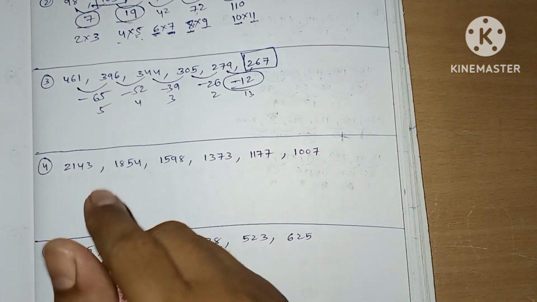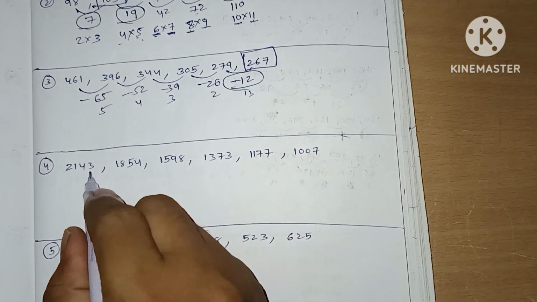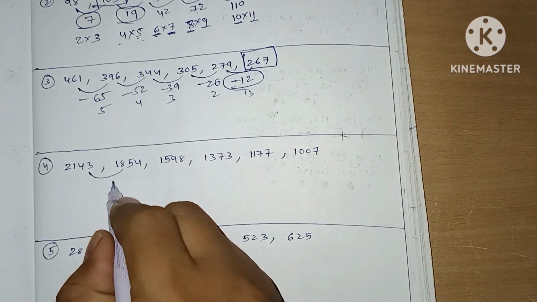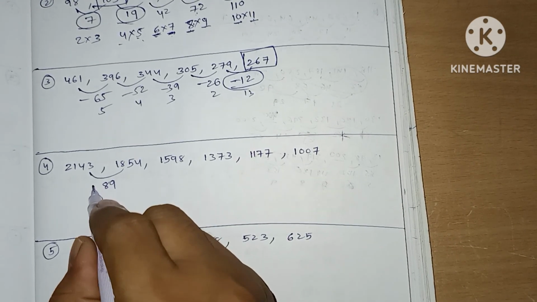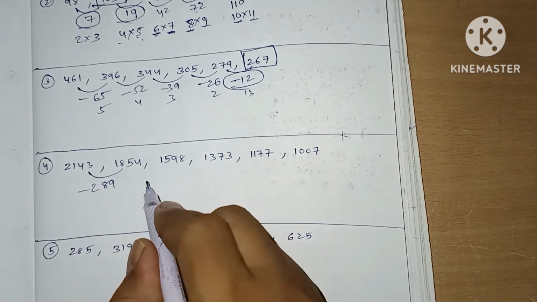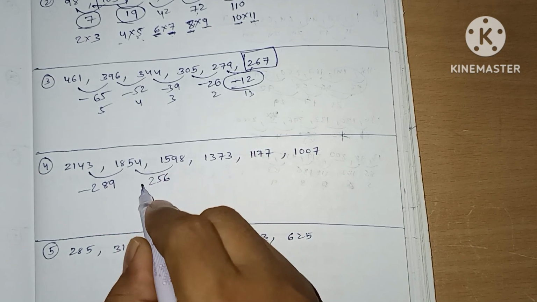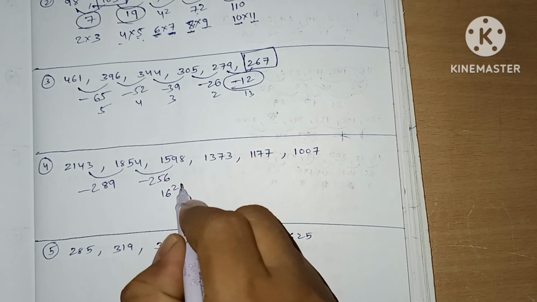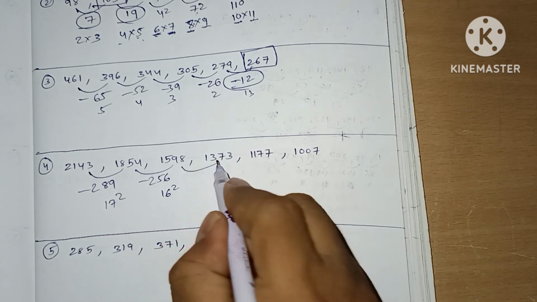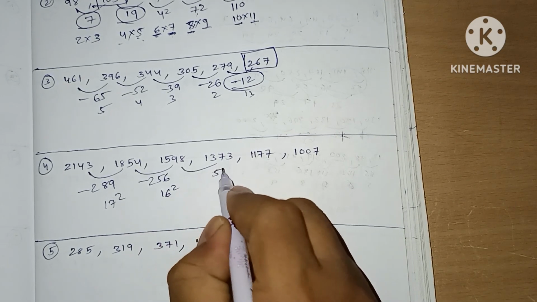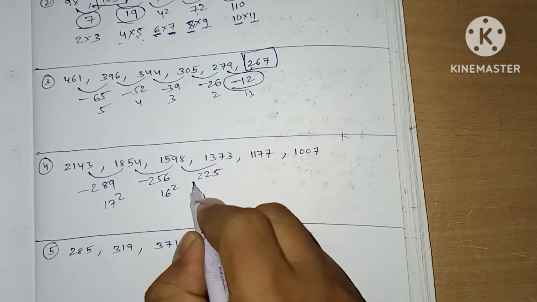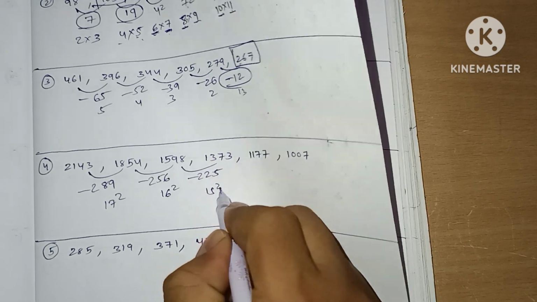Next, here we'll go with the differences. Here the difference is 9 8 and 2 -289. Here the difference is 6 5 and 2 256, which is 16 square. This is 17 square. Here the difference is 5 2 and 2. Okay, the difference is 15 square.